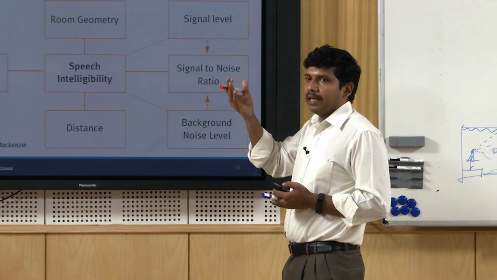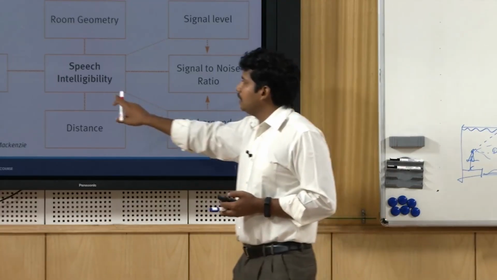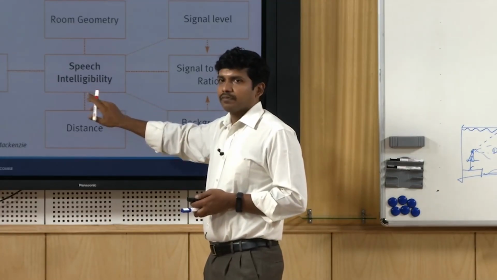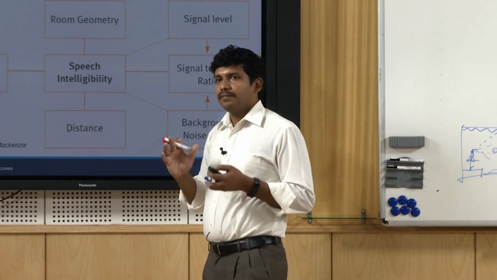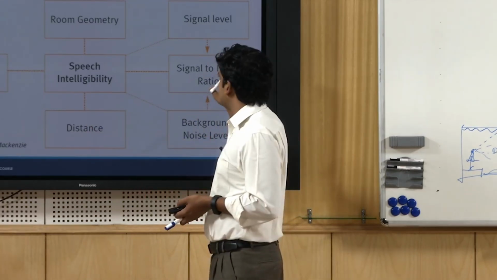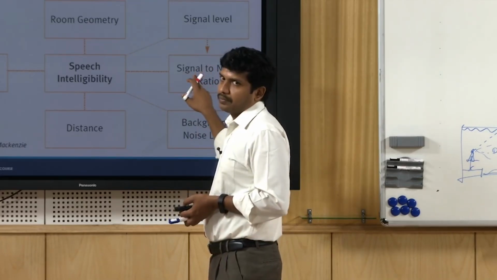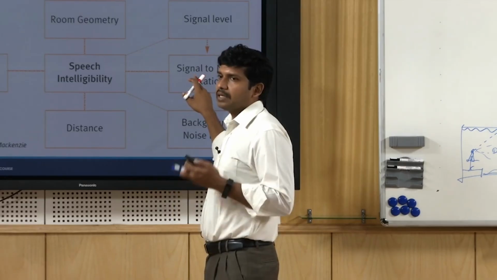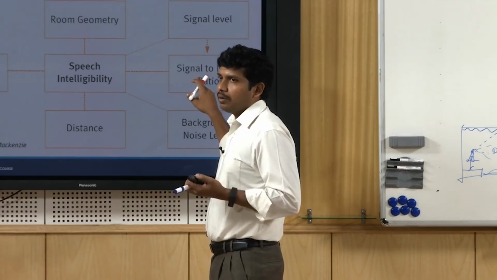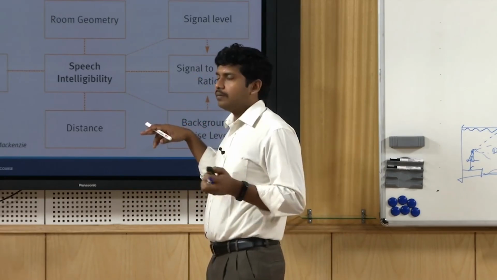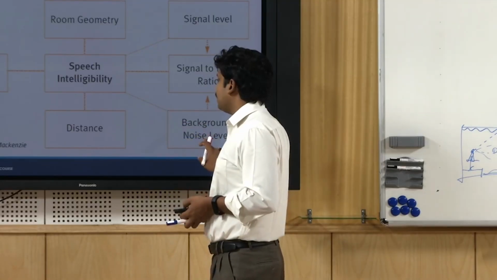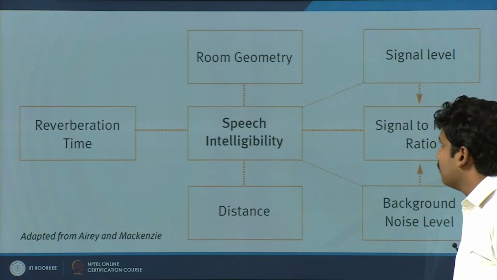When the noise is getting higher than the signal, the intelligibility will drastically come down. When the background is very high or the reflections are too high, the noise level, that is the denominator, is going to go up. So signal to noise ratio will come down, which means either I have to exert myself to be louder or you will not have the required intelligibility. Then it depends of course on the background noise level.